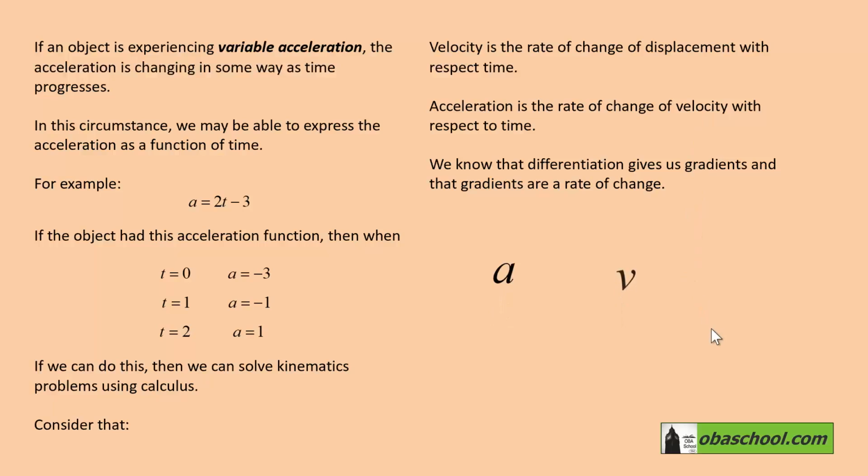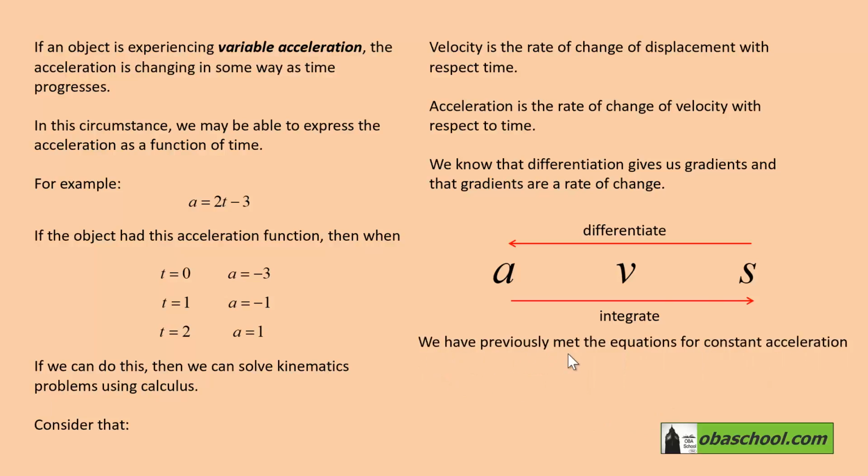So if we have acceleration, velocity, and displacement like this, then to go from displacement down to acceleration, we differentiate. We differentiate once to get to velocity and a second time to get to acceleration. And so to go the other way, we can integrate because we know that integration is a reverse process.